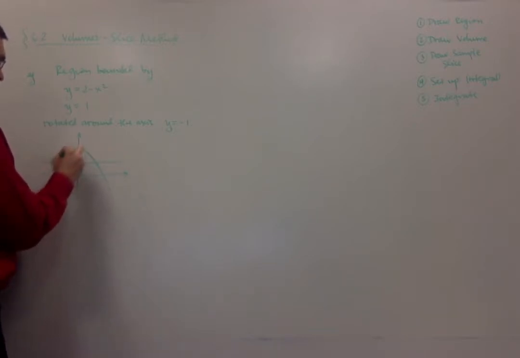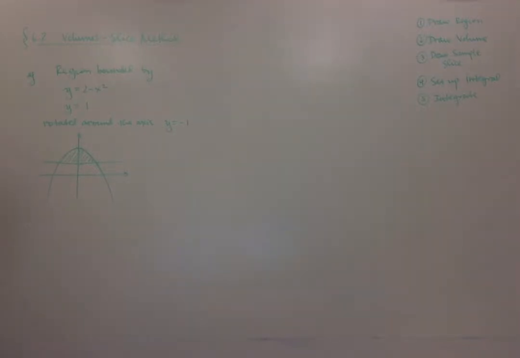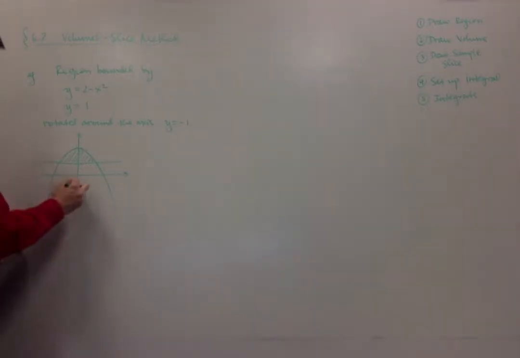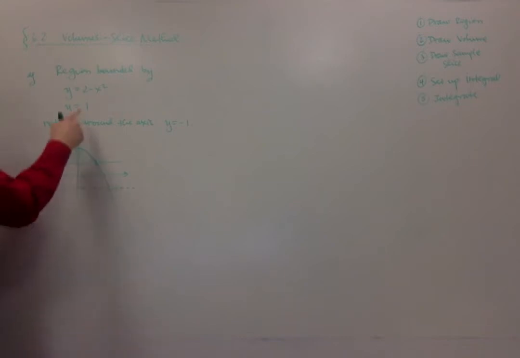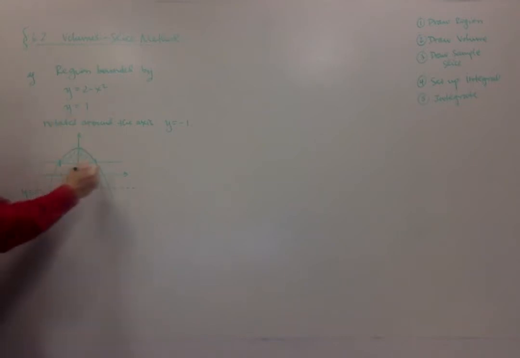So our region that we're interested in is right there. And the axis that we're rotating around is right here, y equals -1. We've actually used these two functions before. They intersected at -1 and 1.